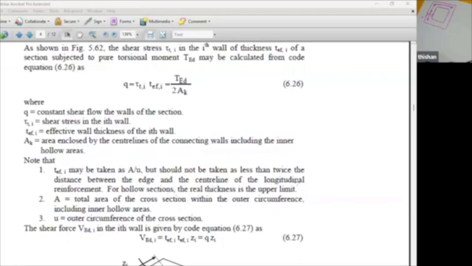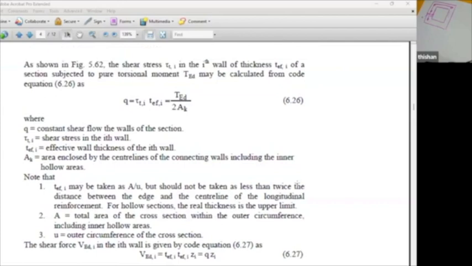Then how do we find the thickness? The effective thickness is considered as A divided by U. U is the outer circumference of the cross section. A is the total area of the cross section within the outer circumference, including the inner hollow areas.